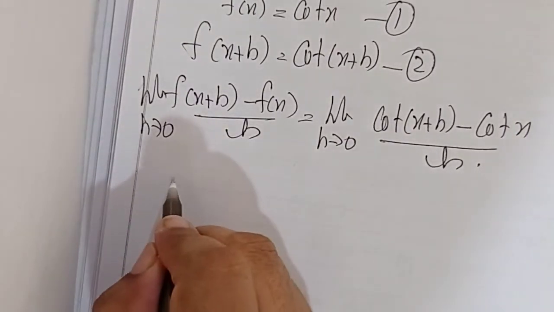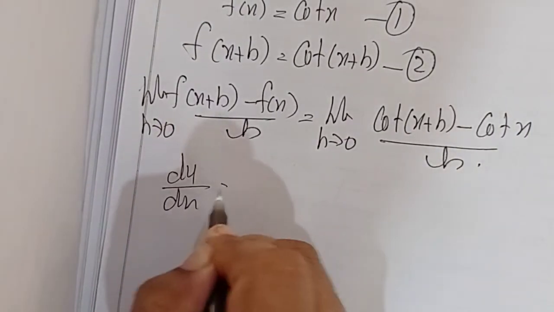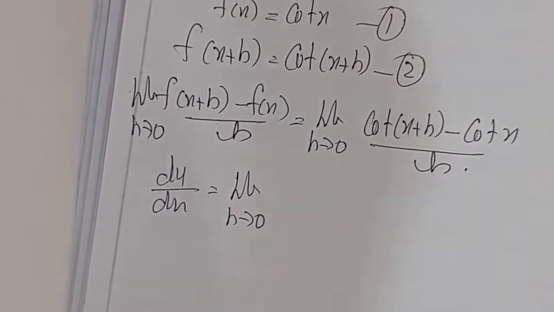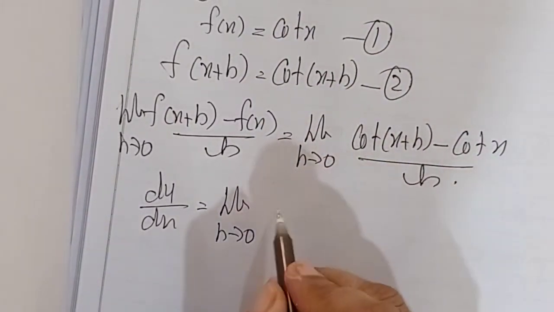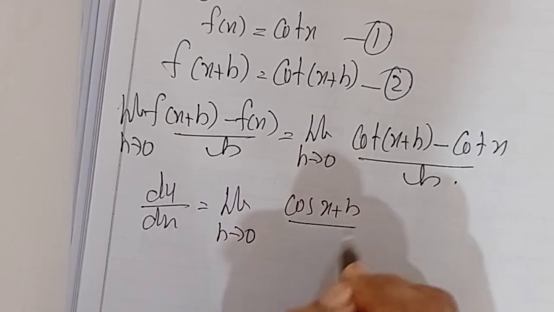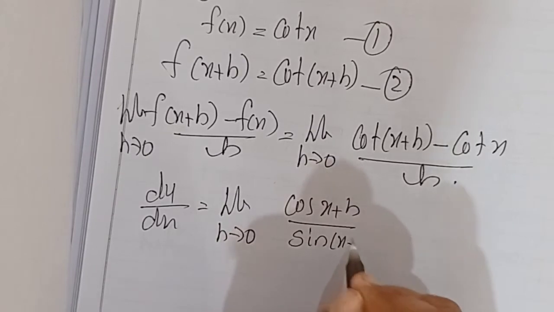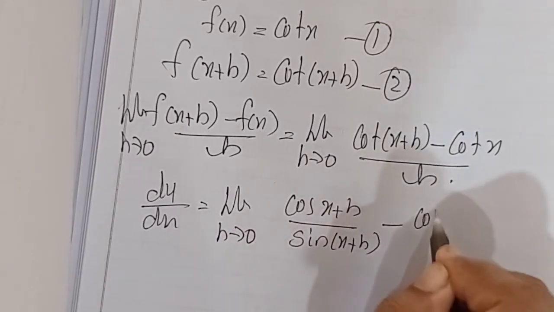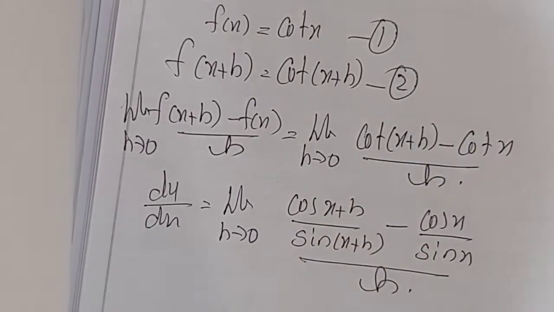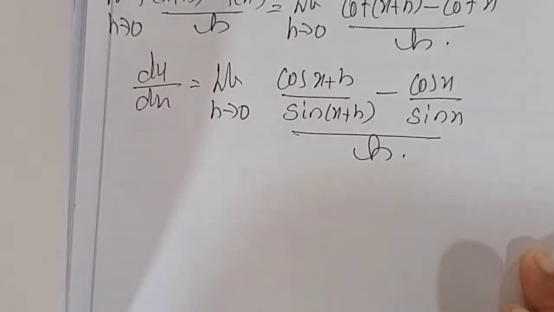That is dy by dx equal to limit h tends to 0. Here also you cannot directly write the answer. Therefore, cot we can write cos (x plus h) by sin (x plus h) minus cos x by sin x the whole by h. Understand?